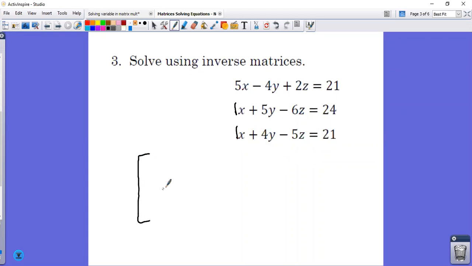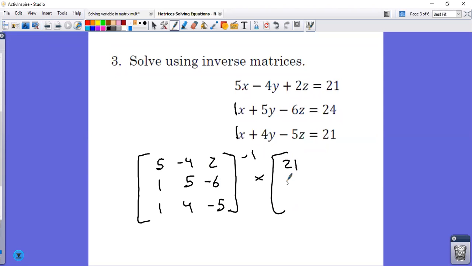So in this one, your 3x3 would be 5, -4, 2, 1, 5, -6, 1, 4, -5, to the -1 power, solutions, 21, 24, 21. Put that in Desmos, and you have your answer for X, Y, and Z.